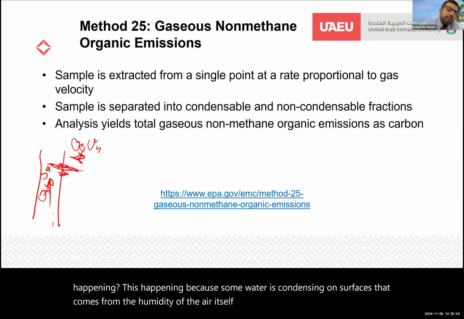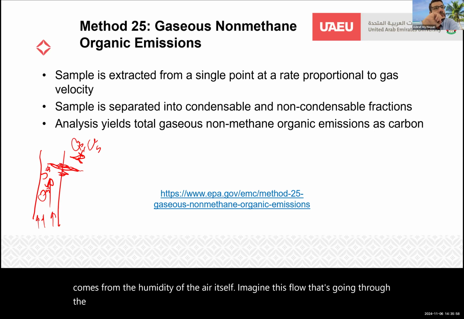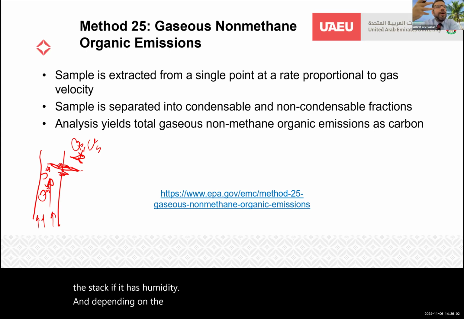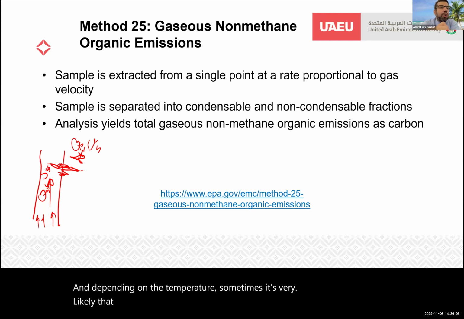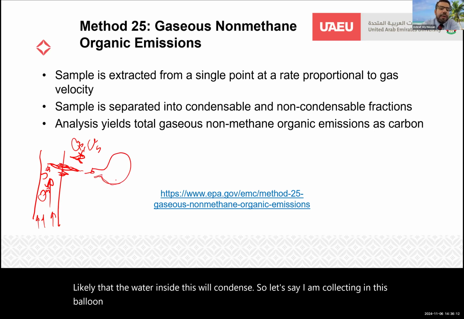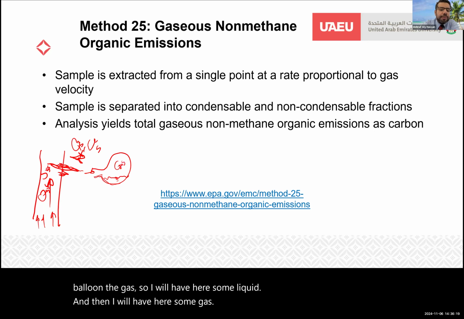Imagine this flow that's going through the stack. If it has humidity, and depending on the temperature, it's very likely that the water inside this will condense. So let's say I am collecting the gas in this balloon. I will have here some liquid, and then I will have here some gas.